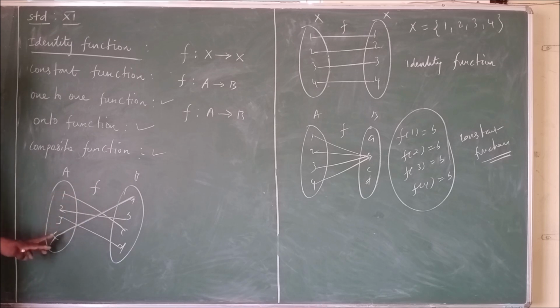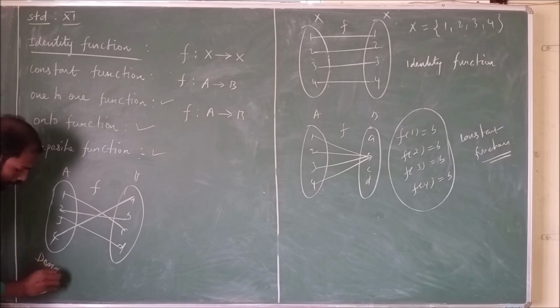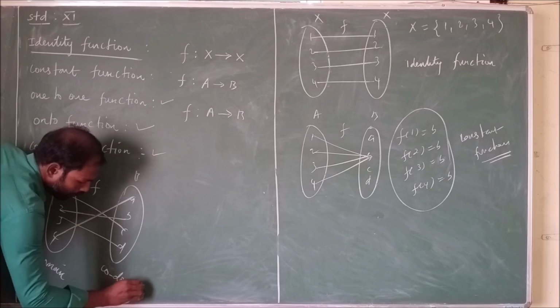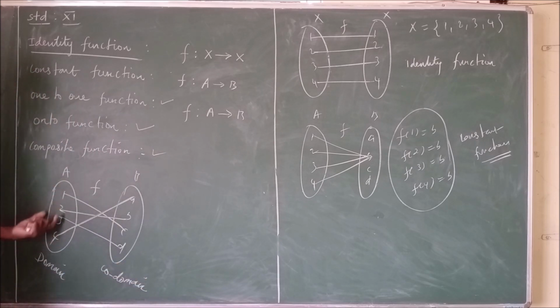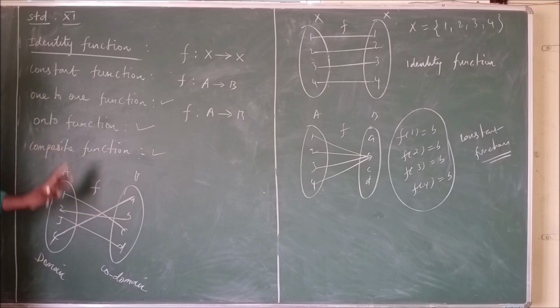It is clear that this one is the domain and this one is the codomain. Every element in the domain has only one image in the codomain.